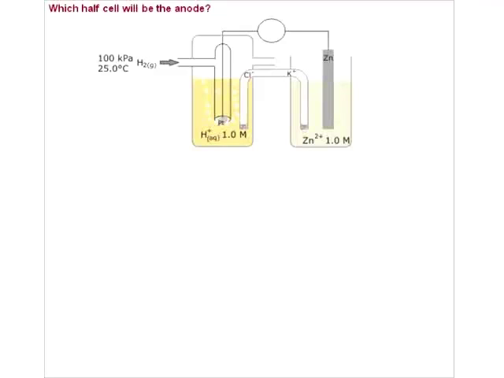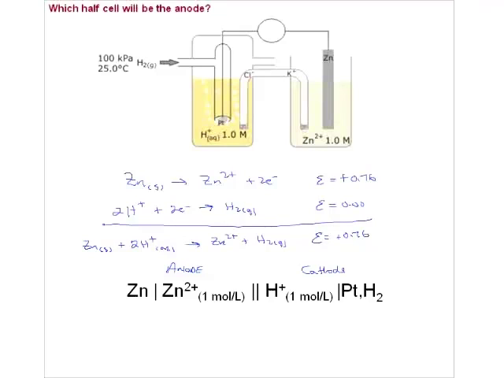But if we look at this equation, we're looking at zinc being oxidized and hydrogen being reduced to produce hydrogen gas. The important thing is that the value of E is going to be positive for anything where the reaction is going to be spontaneous.